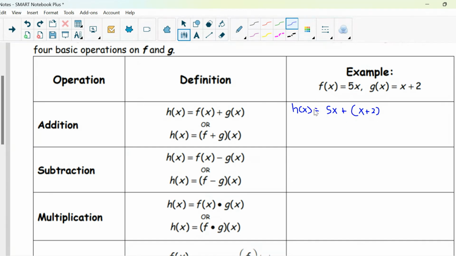Okay, now we're just going to combine like terms. So we know that h of x equals 5x plus x, which is 6x plus 2.